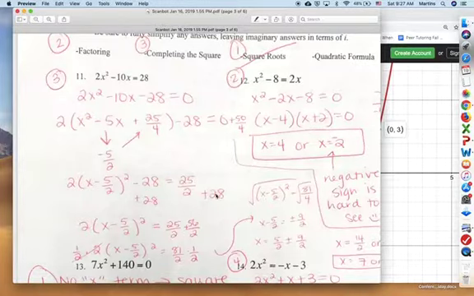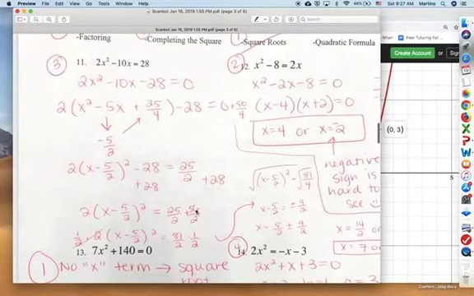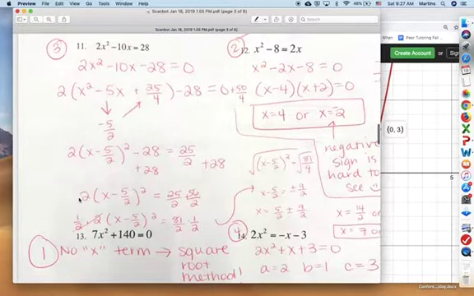So I'm adding 28 over here. Notice that I don't have a common denominator right now, so I'm going to make it by multiplying by 2. So 28 times 2 will get me 56. 56 over 2 is where that 28 came from. And then continuing on, that's going to simplify when I add 25 and 56 to 81 over 2, which is great. 81 is a perfect square, which is going to be convenient later.